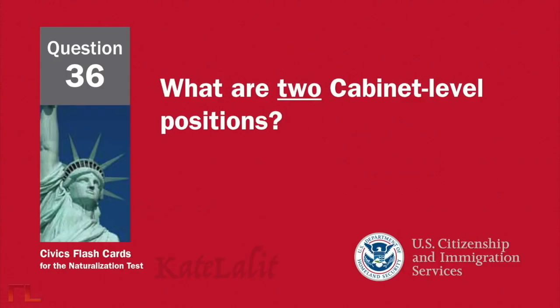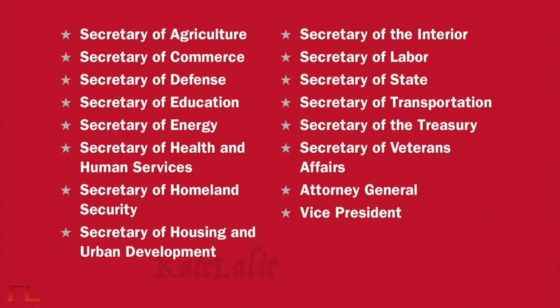What are two cabinet-level positions? Secretary of Agriculture. Secretary of Commerce. Secretary of Defense. Secretary of Education. Secretary of Energy. Secretary of Health and Human Services. Secretary of Homeland Security.